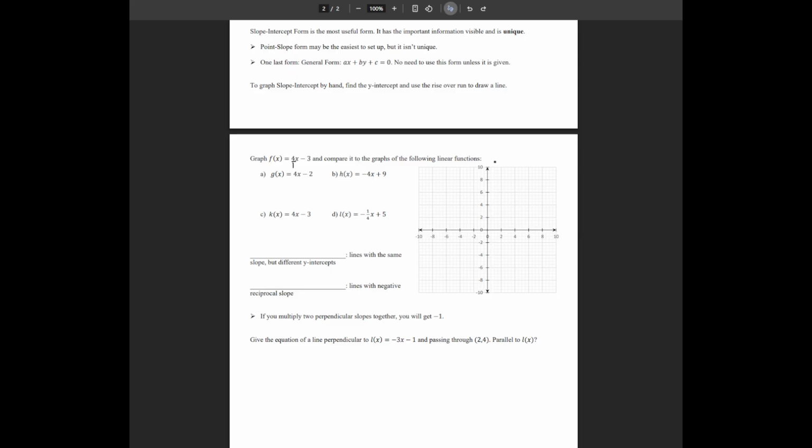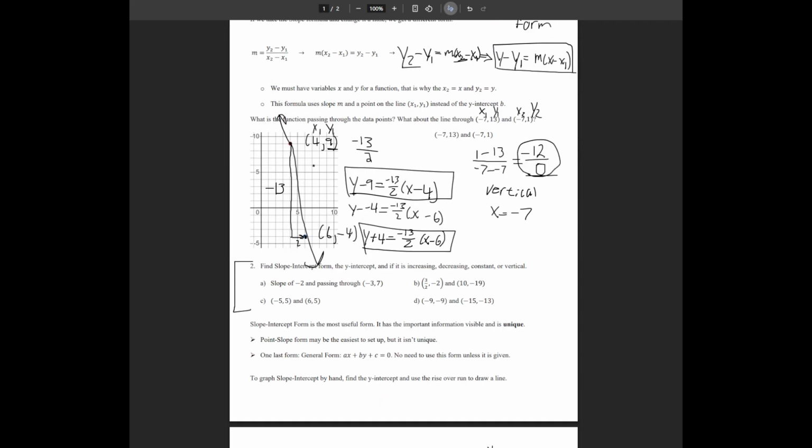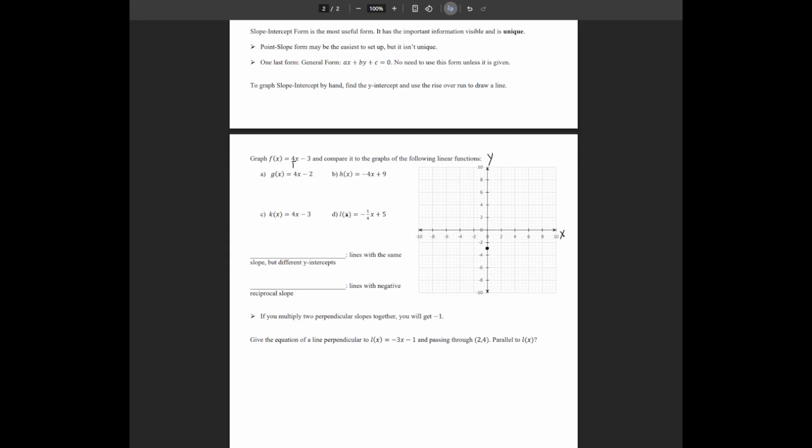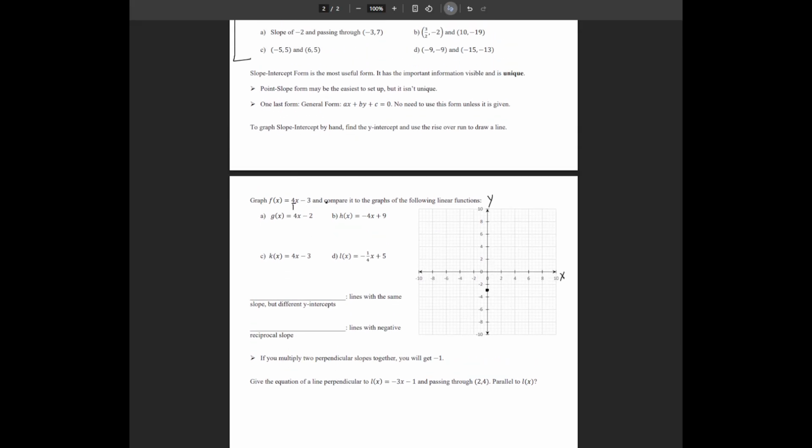So what I'm going to do is start out on the y-axis. My y-intercept is negative 3. I'm going to go down here to negative 3, and this point should be on my line. Now what my slope tells me is my rise over my run, so how far I'm going up and down and to the right or left.